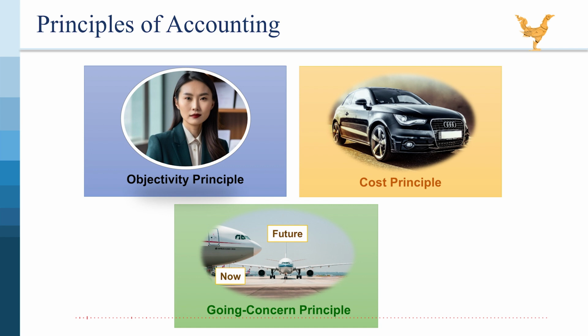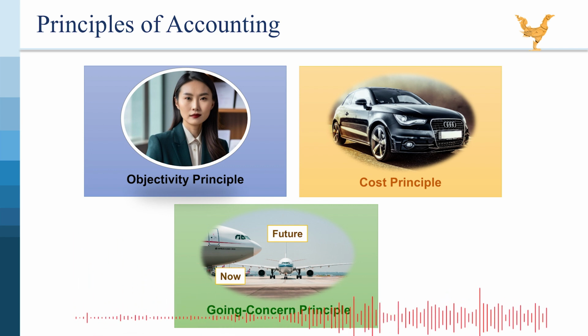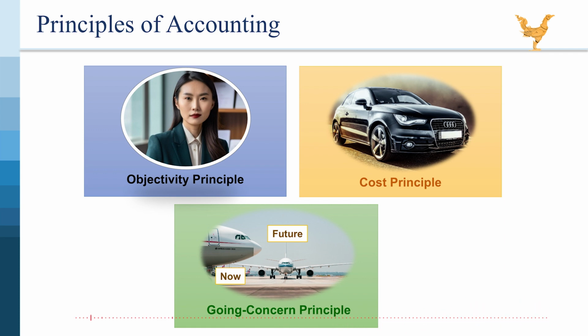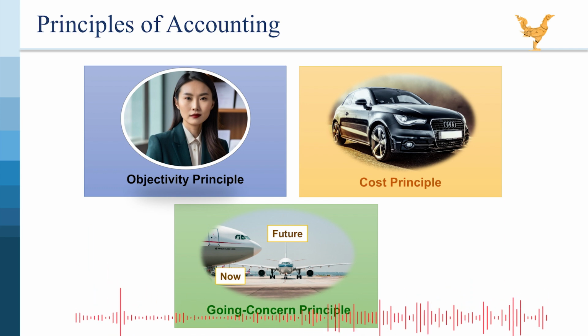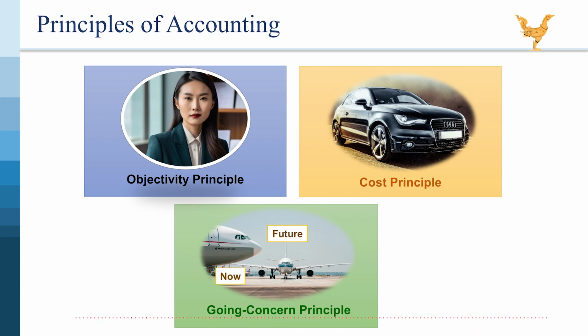How it's achieved. Verifiable evidence: transactions are recorded based on things like receipts, invoices, bank statements, documents that provide solid proof. Standard practices: accountants follow established rules, generally accepted accounting principles or GAAP, to ensure consistency and reduce subjectivity.